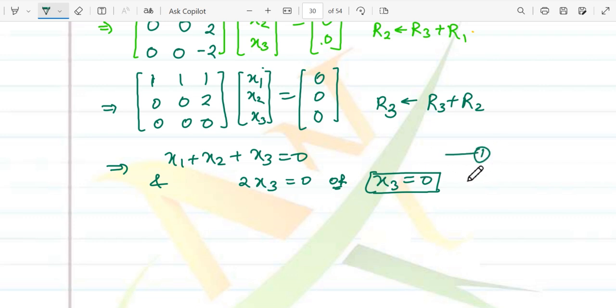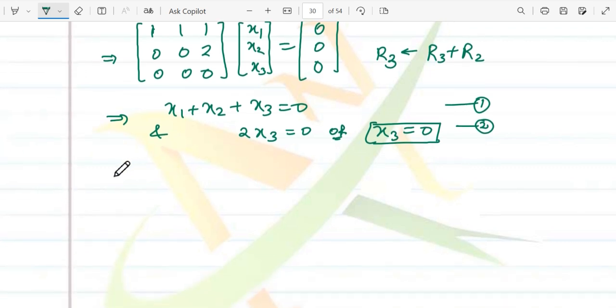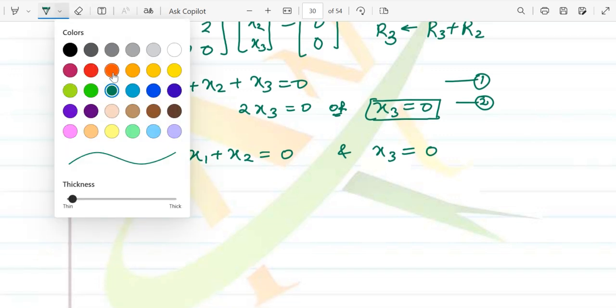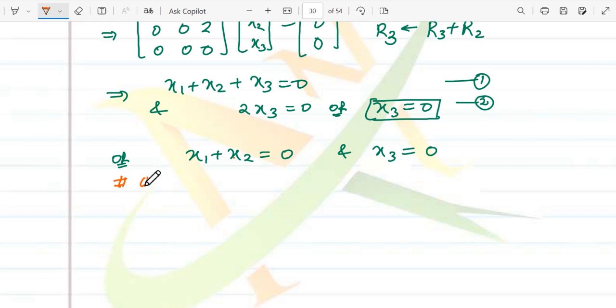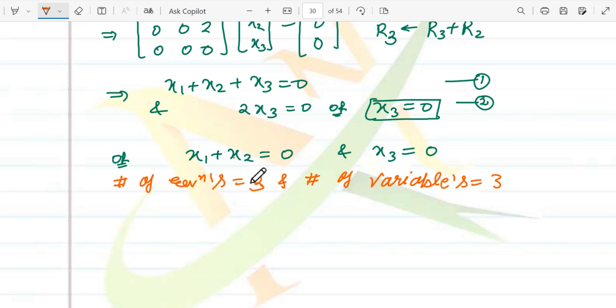That is called equation number 1 and equation number 2: x1 plus x2 is equal to 0 and x3 equals 0. The number of equations is 2 and the number of variables is 3.